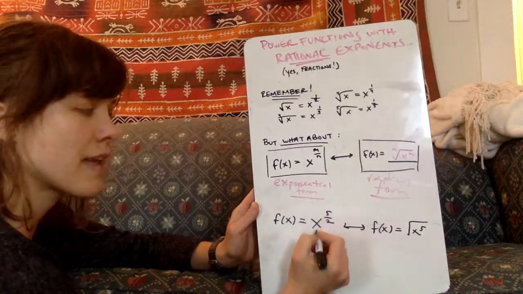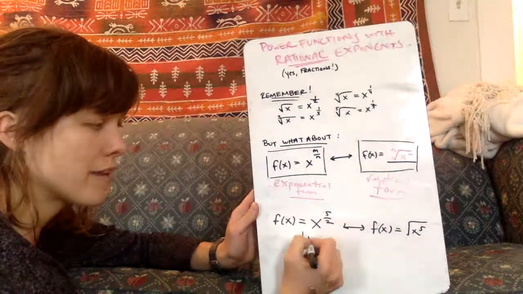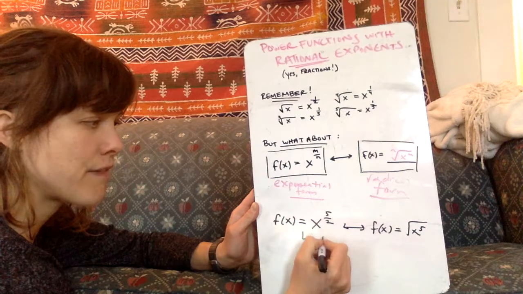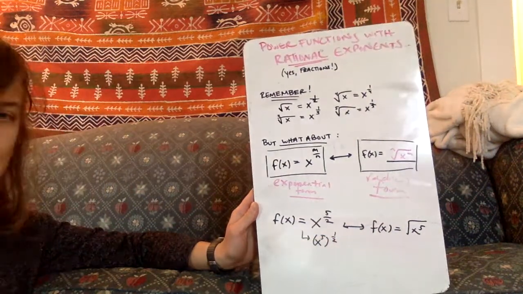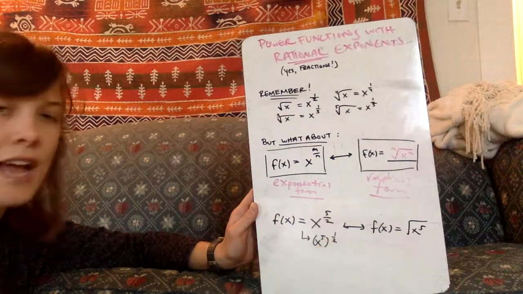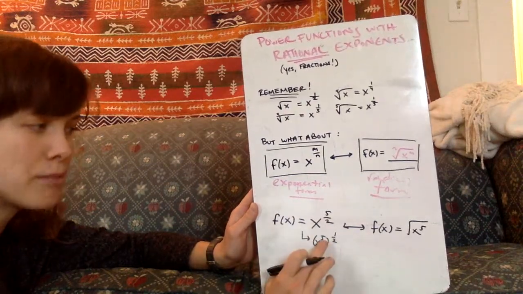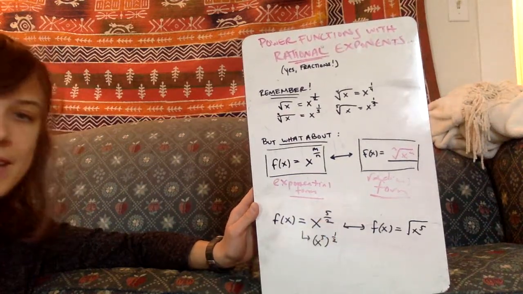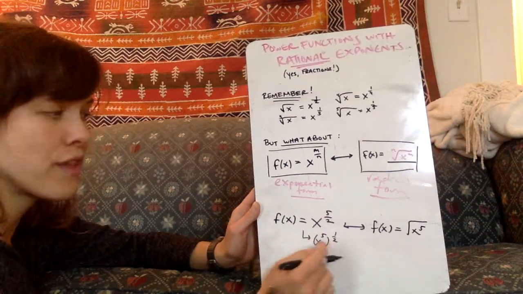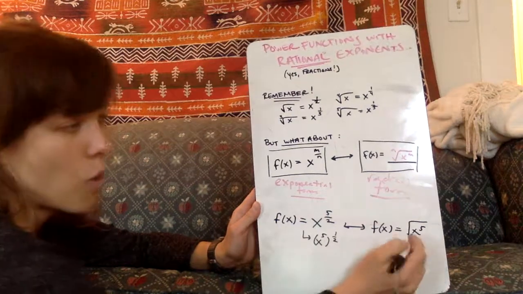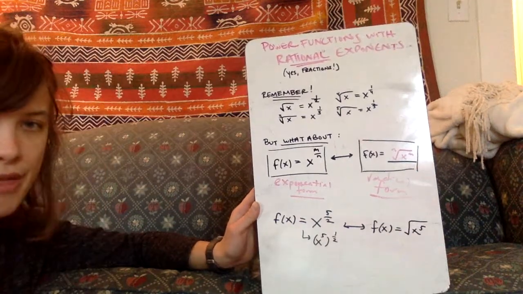Because I can rewrite this as x to the 5th to the 1/2. Remember my power rule, when I have a power raised to another power, I multiply, and 5 times 1/2 gives me 5/2. So I can rewrite this as x to the 5th to the 1/2 power, or the square root of x to the 5th.